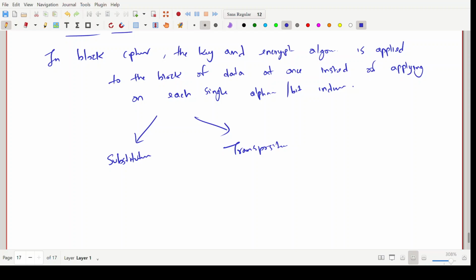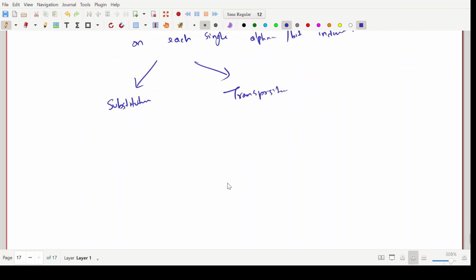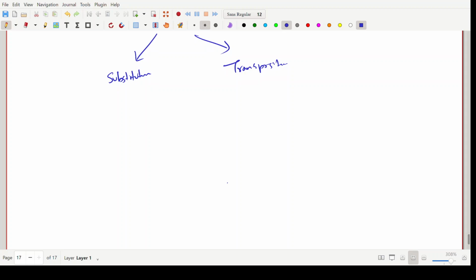Let me just quickly define what is substitution cipher, or I will just give you what are the different types.